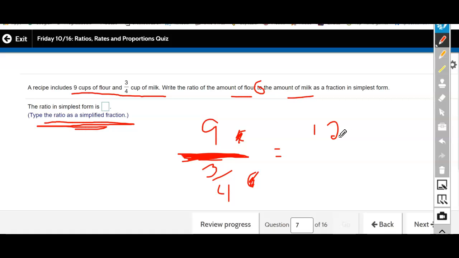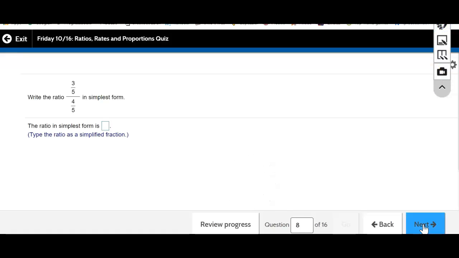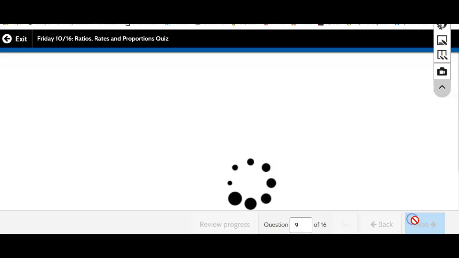If it was a fraction, I would put it in there. I'm not going to put 12/1. I'm just going to put 12. If it said write it as a ratio, then we would do 12/1. But it says as a simplified fraction. So simplified would be 12.